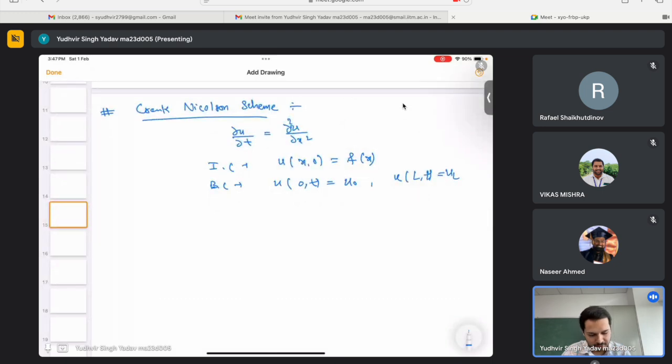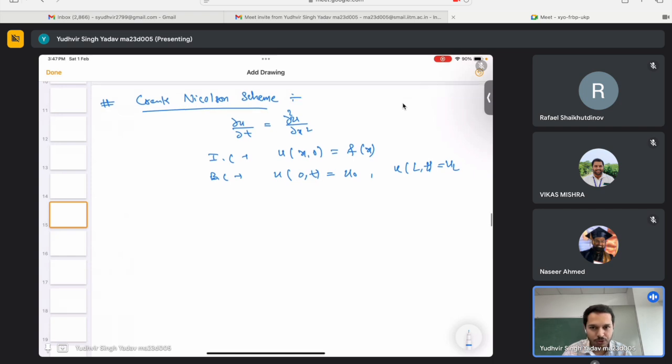So in the Crank-Nicolson scheme, while constructing this scheme, we will do it in two steps. First, we will apply forward difference scheme in time and second order central with space. So it will be u i j plus 1 minus u i j by delta t, or we simply take it as k.